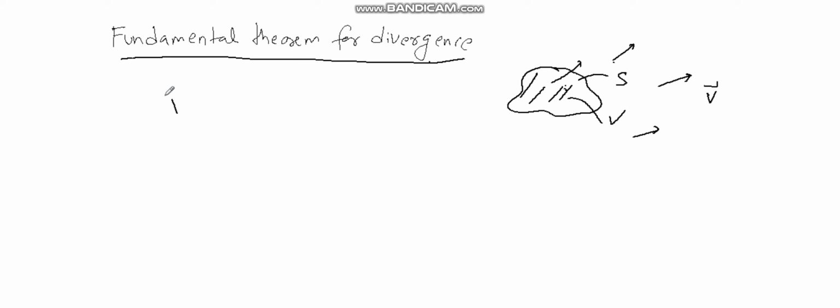What this theorem says is that the divergence of that vector field V, when we take the volume integral over the volume V, is going to equal the surface integral over the closed surface that bounds that volume.